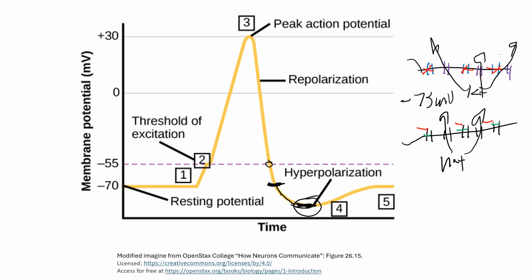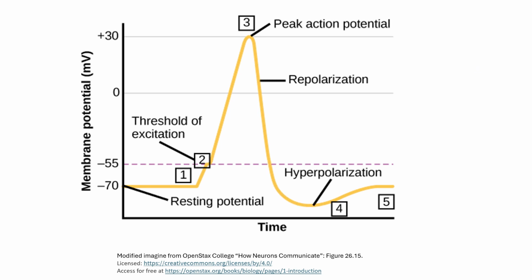And then we get to what is the most conceptually challenging part of this, which is why after we repolarize to -75 millivolts, do we then depolarize back to negative 70 millivolts, which is the resting membrane potential. And I would recommend, if you need a review of this, to just rewind the video a little bit.